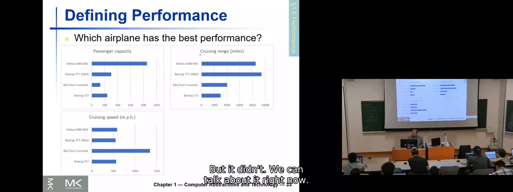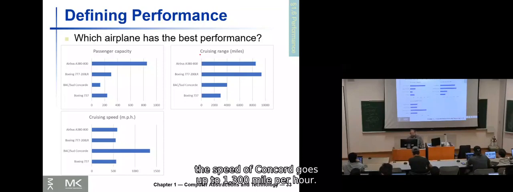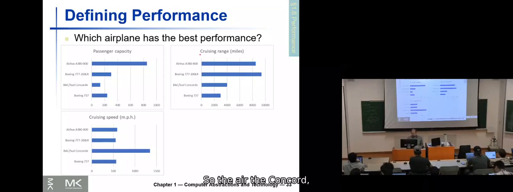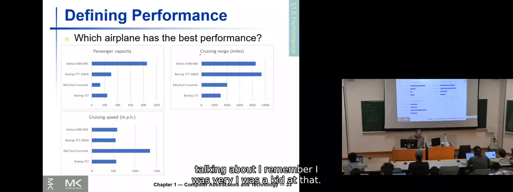We can talk about it right now. But you see, the speed of Concorde goes up to 1,300 miles per hour. But for example, Airbus A380 around 600 miles per hour. So the Concorde was more than 2 times faster.